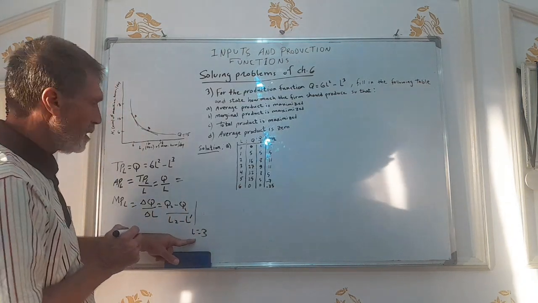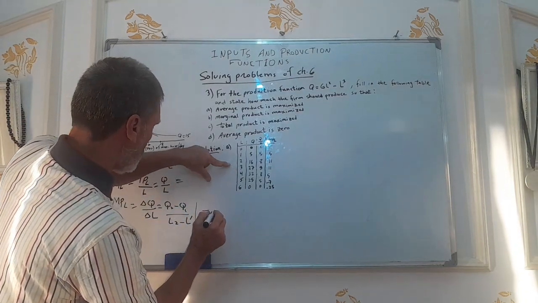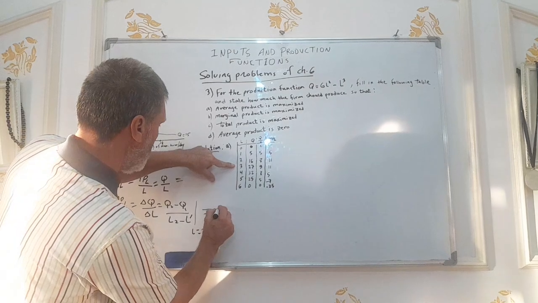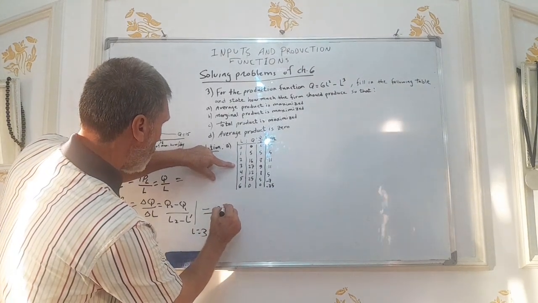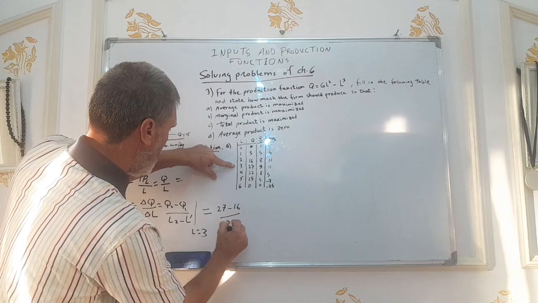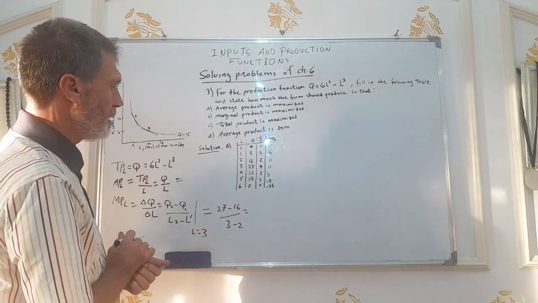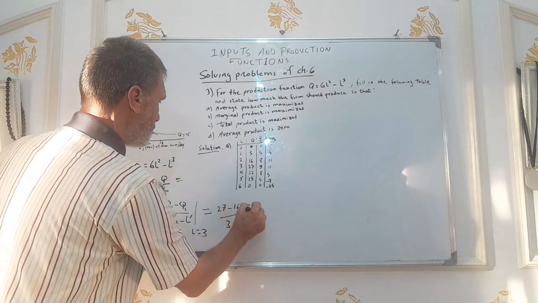When L equals 3, the marginal product of labor is going to be equal to 27 minus 16 over 3 minus 2, we get 11.